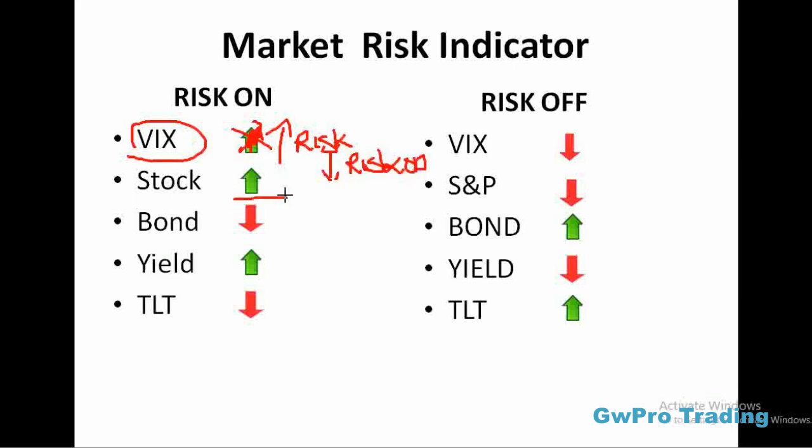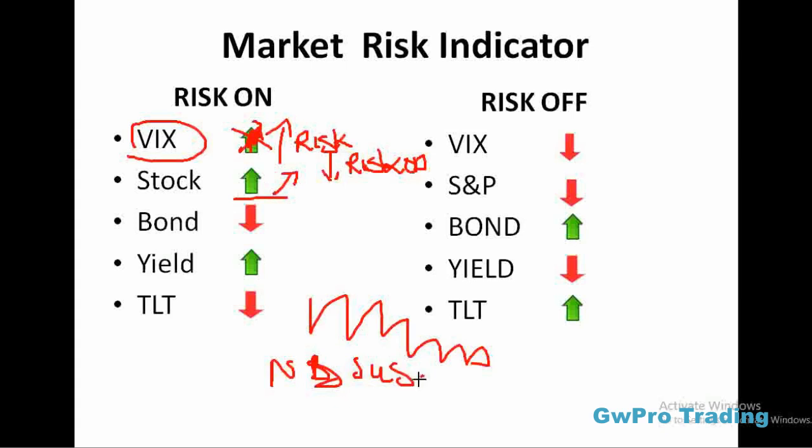If you have the stock market going up, you can't have the stock market crashing and you want to trade the NZD USD long. No, you can't long NZD USD while the stock market is crashing. Definitely, this is a risk off market mode.